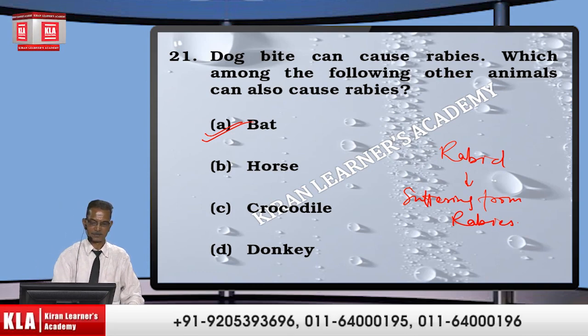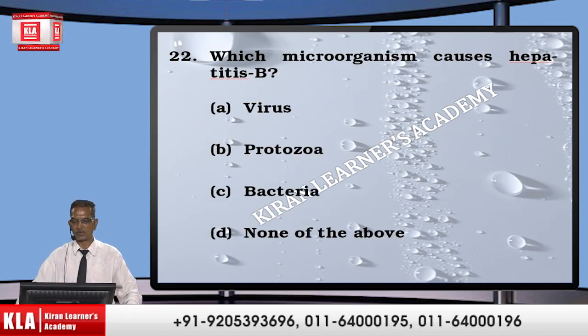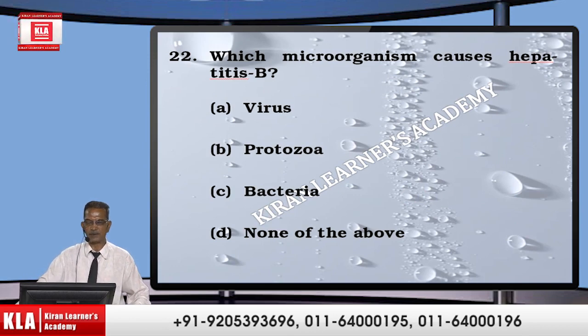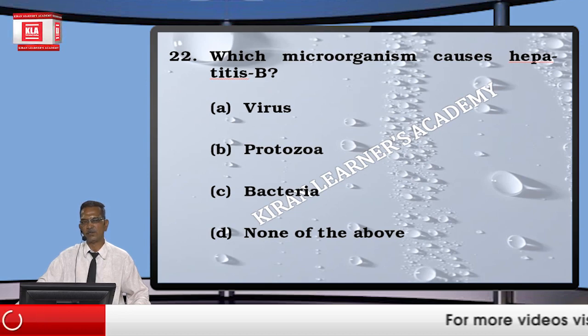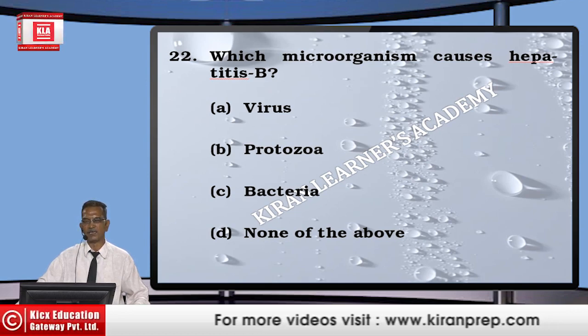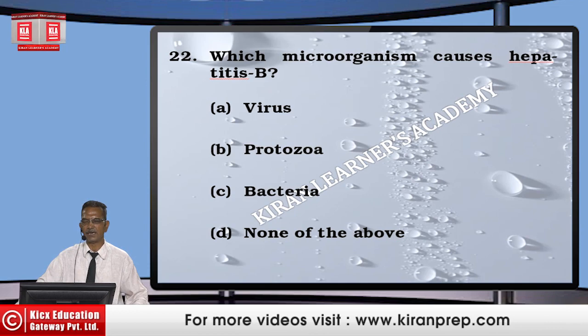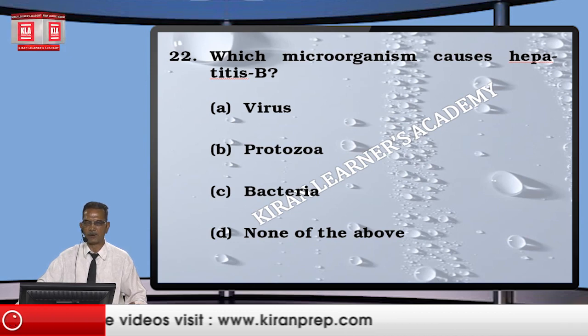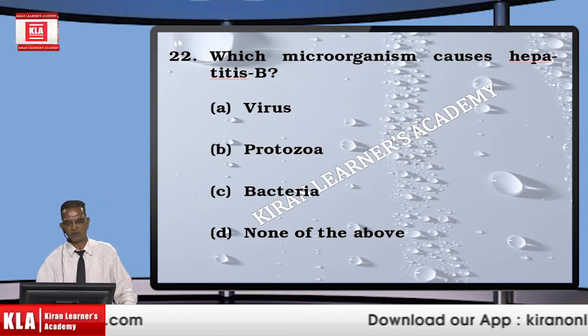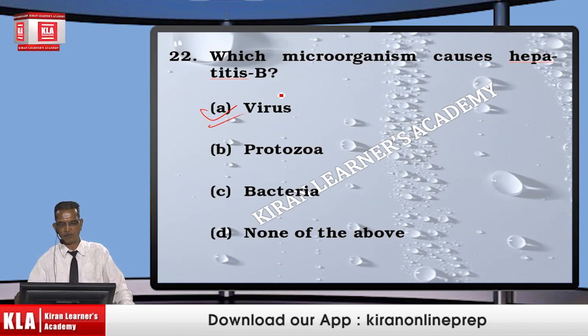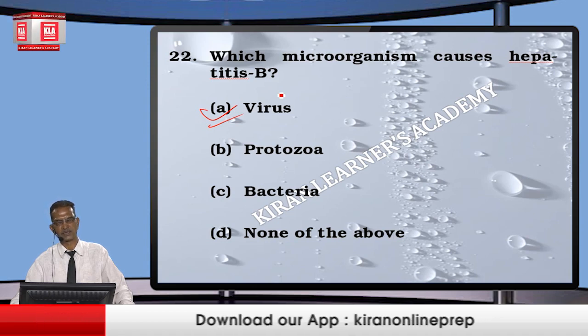Next, which microorganism causes hepatitis B? Hepatitis means the disease associated with the liver. Now, there are kinds of hepatitis: A, B, C, D, E. There are different forms of hepatitis known. But all these hepatitis infections are caused by viruses. Whether it's hepatitis A, B, C or D, they are all caused by viruses.